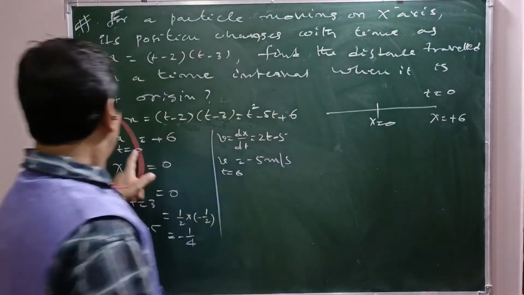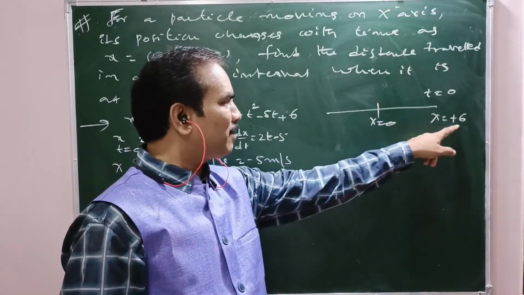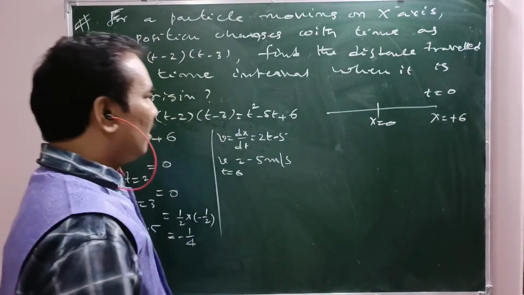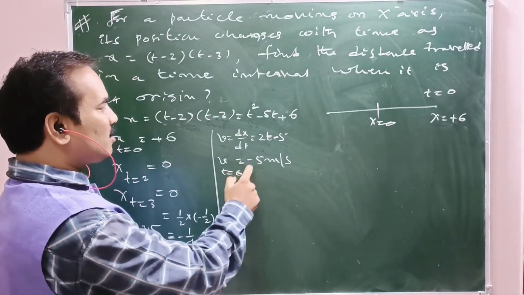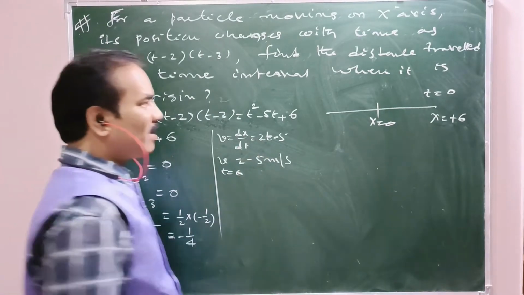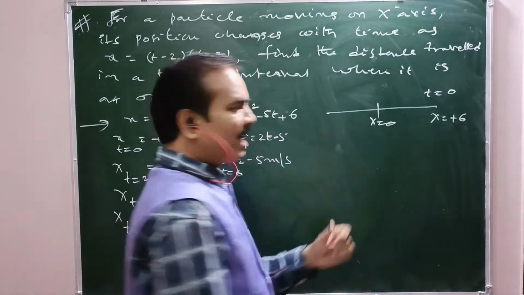The position is plus 6 units, but initially moving towards the negative x-axis, because velocity is minus 5 meters per second.